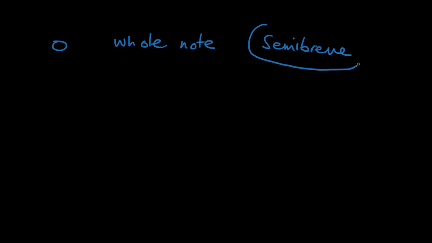So here's something you might be wondering. This type of note, as we've already said, is to Americans known as a whole note. And to those of us over in Europe, we call it a semibreve. So I suppose the question is, how can something that's supposed to be the equivalent of a whole note, as in it's all of something, have semi in it?